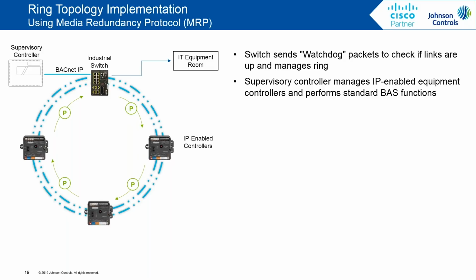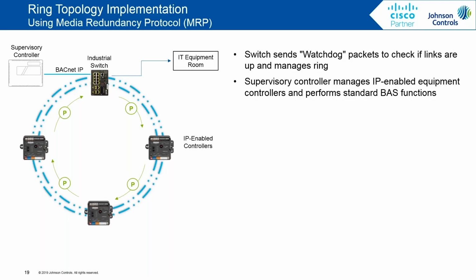This industrial switch we see up on top is a device without a fan in it, so it can be installed in a non-conditioned space. It's also something that has a mean time between failure measured in decades, not in months. So we have this hardened switch that is available to us. The hardened switch simply sends a watchdog packet out, again, the hello messaging, to see if the ring is up and available.